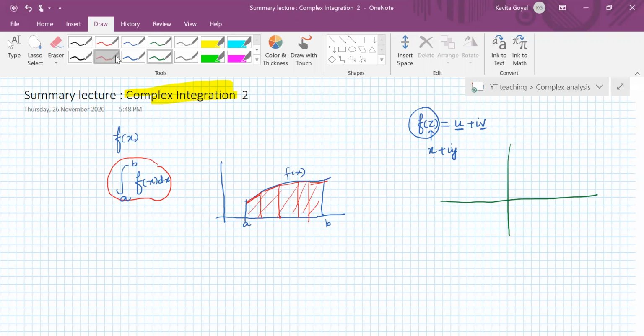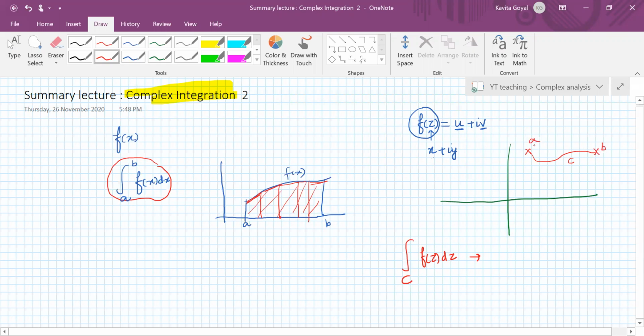Suppose you have any curve c in this plane, then we define the integral of f of z dz along c. This is called the complex integral of the function f of z along the curve c. The starting point of the curve is say a, and the end point is say b. A and b are, of course, complex numbers.